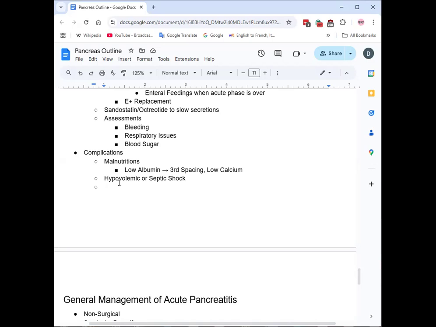Interesting. I learned recently that there's such a thing as fragile diabetes. I didn't know that was a thing. I don't know if anyone's ever heard of that.